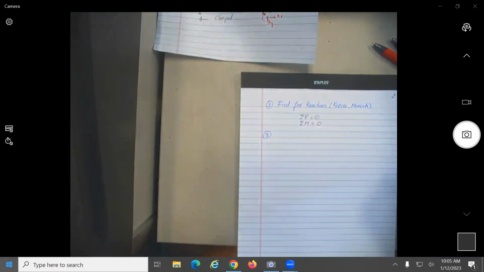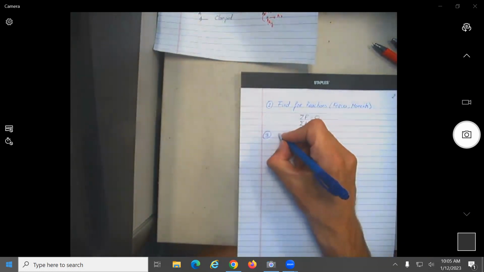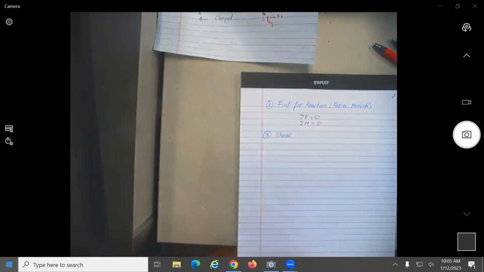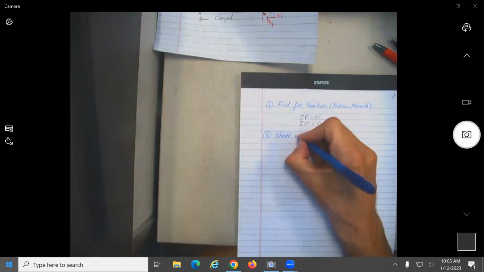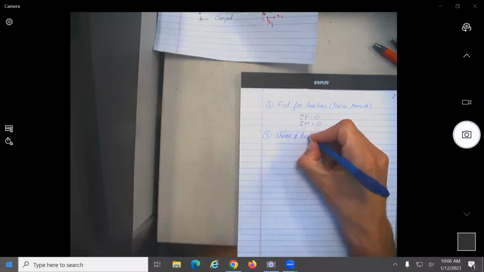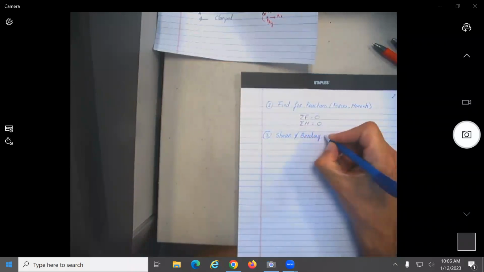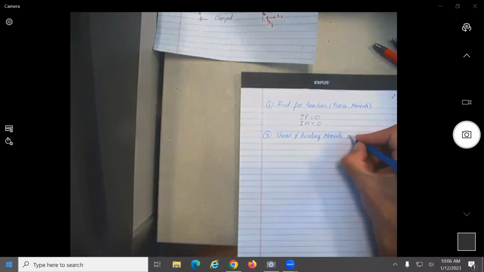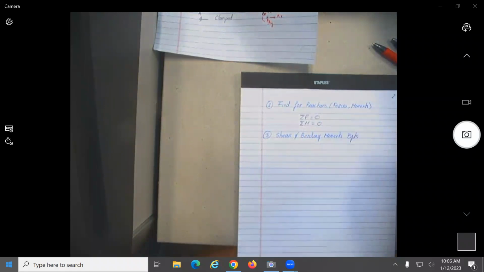Step 3, we get to the interesting part. Now is when you need to go and find the shear and bending moment equations.